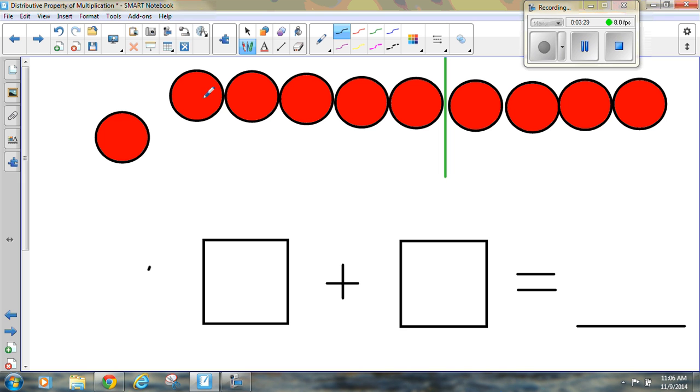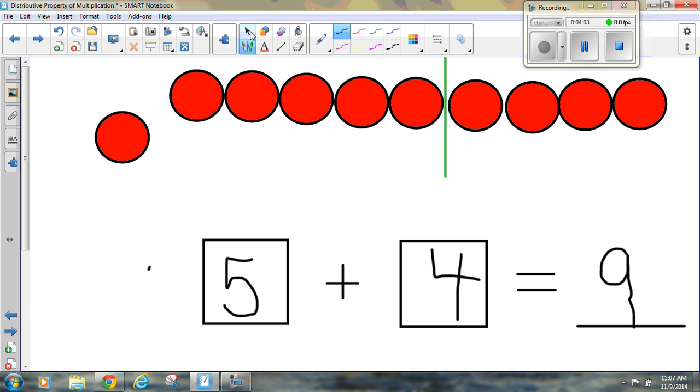Now we have 1, 2, 3, 4, 5. We still have the 5. And we have our break apart stick, and we have our plus sign. They're both like sticks. And we have 1, 2, 3, 4 on the right side. 5 plus 4 equals 9. There are 9 total objects. Very good. That's the break apart stick.